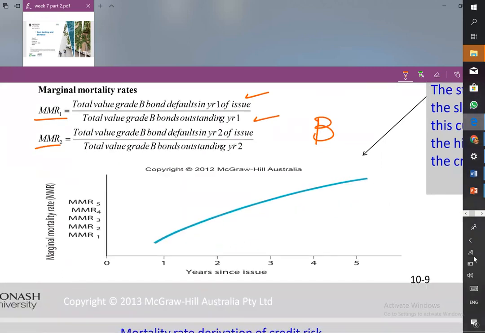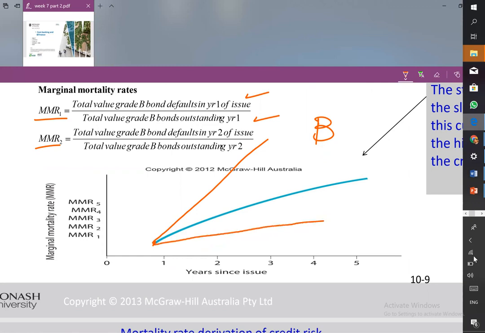So here, for example, in year one, if it goes like this, it is very risky, or like this, it's very steep. If it is steeper, the risk is higher; if it is less steep, that means the risk is less.